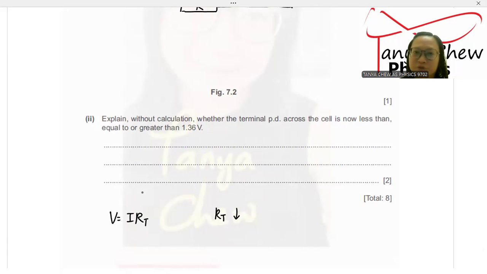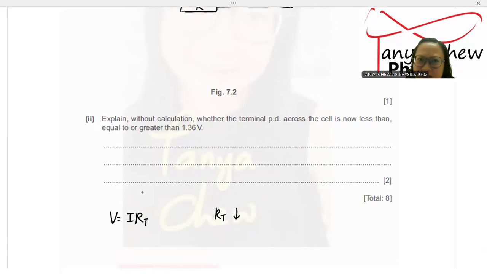So due to the decrease in the total resistance, there will be more current flowing in the whole circuit. And then, what happened to the terminal PD across the cell?